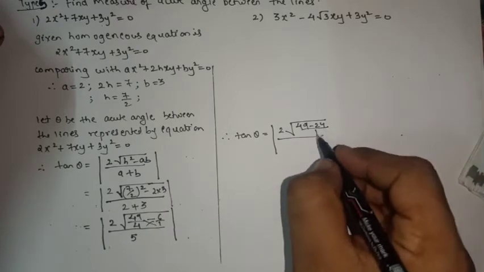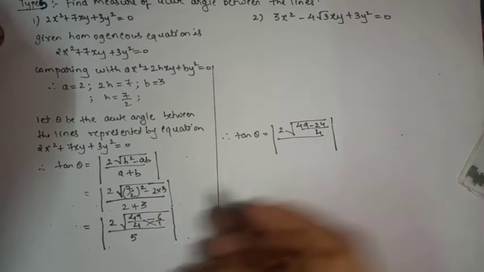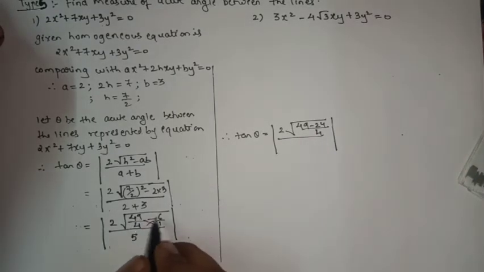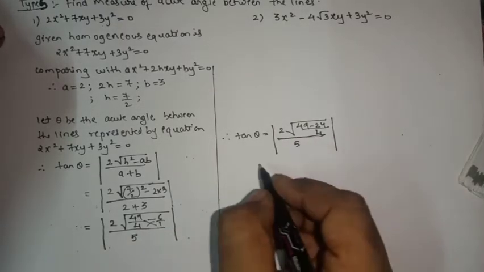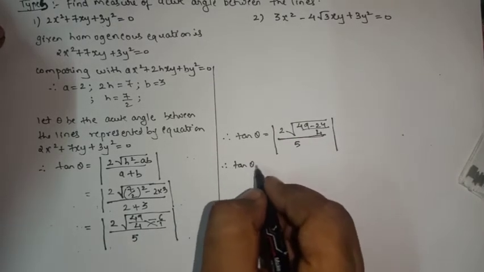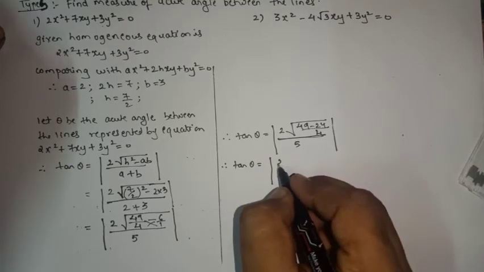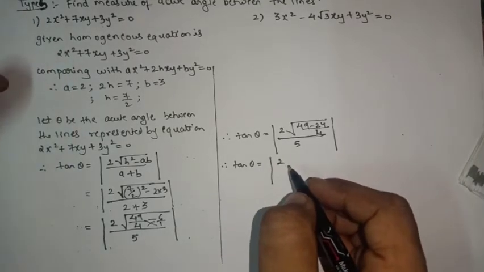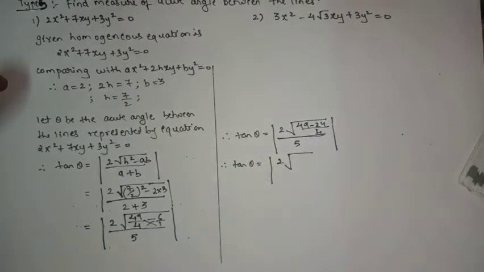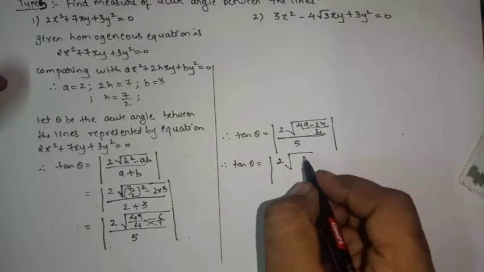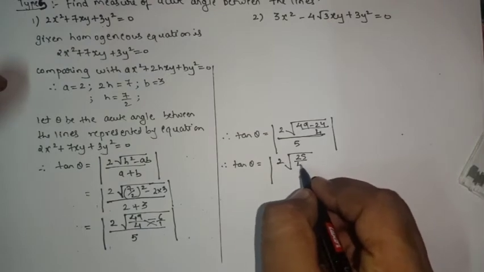Sorry, this will be 4 ones are 4. Okay, 49 minus 24 and 4 ones, that is 4, upon 5. So therefore tan theta is equal to twice root of 49 minus 24, you will get 25 upon 4.